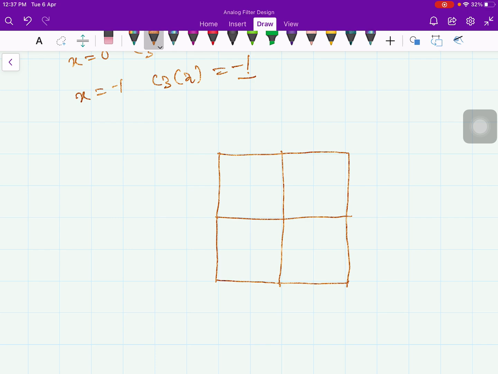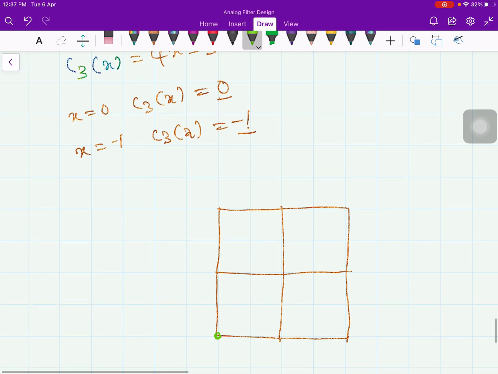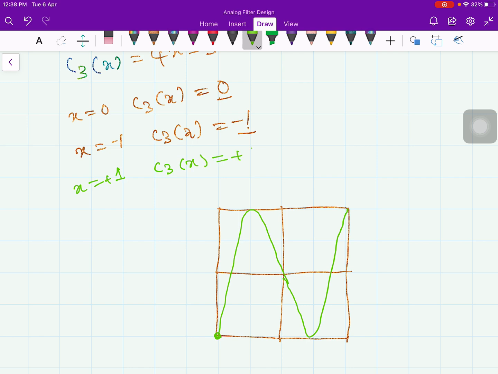Okay, so it starts from minus 1. So this point is minus 1 and it reaches a maximum, passes through 0, comes down, and again reaches the maximum value, because when x equal to plus 1, then C3 of x is plus 1. So therefore this is C3 of x.